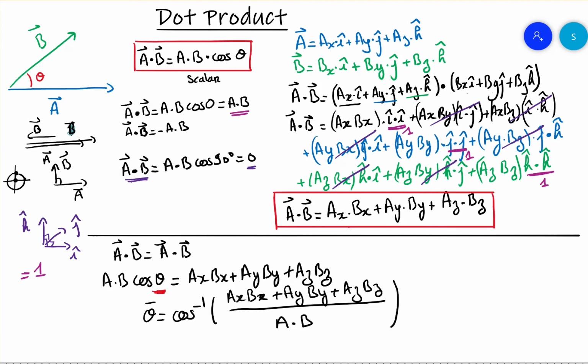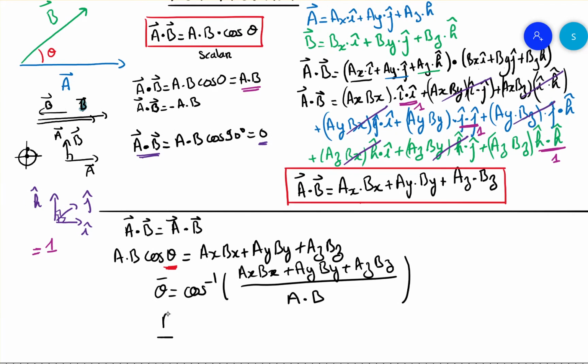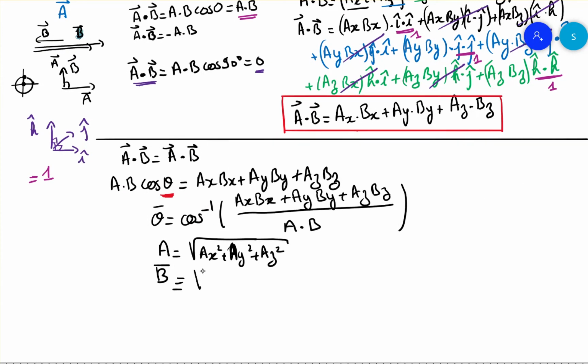And the magnitude of a is the square root of ax square plus ay square plus az square, right? And the magnitude of b is the same thing: bx square plus by square plus bz square.